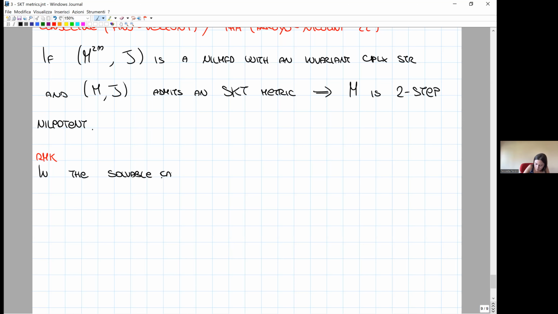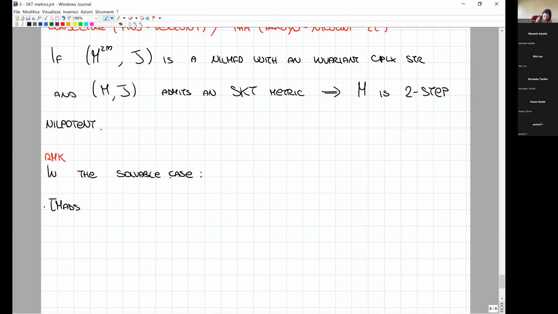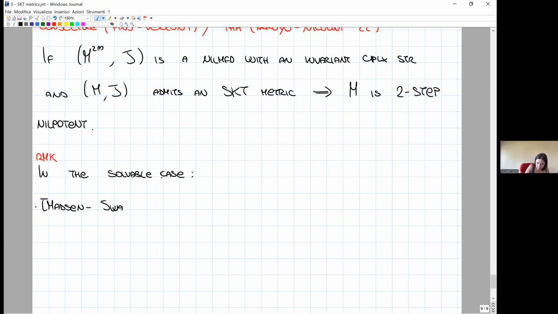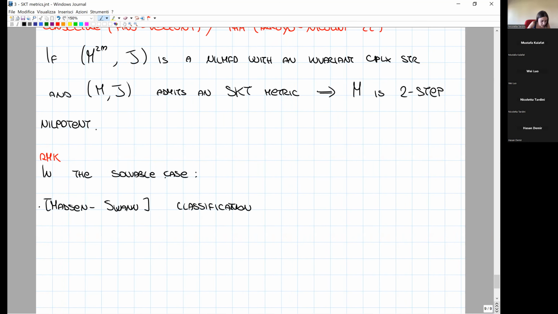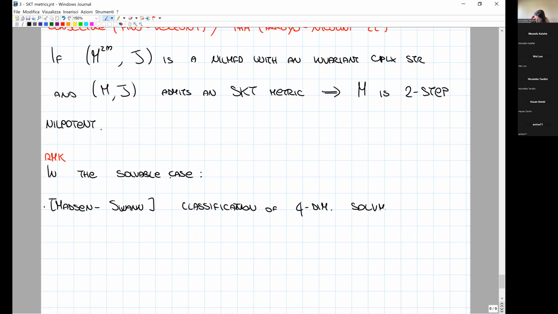In the solvable case, by Madsen and Swann, we have a classification of 4-dimensional solvmanifolds with an SKT metric. So we have a classification in very low dimensions, in dimension 4.